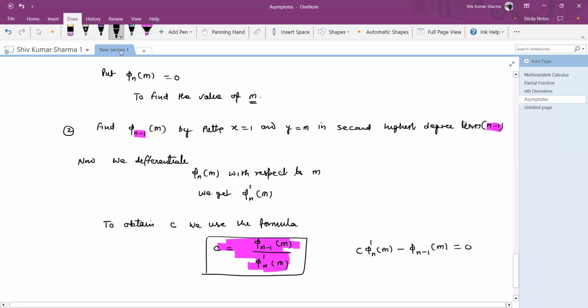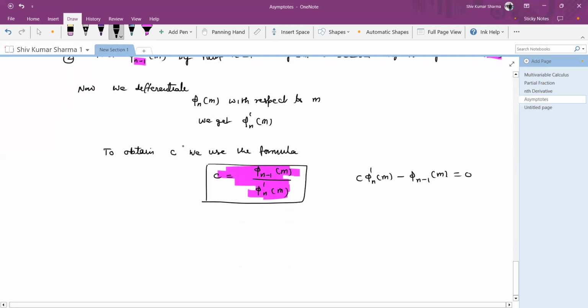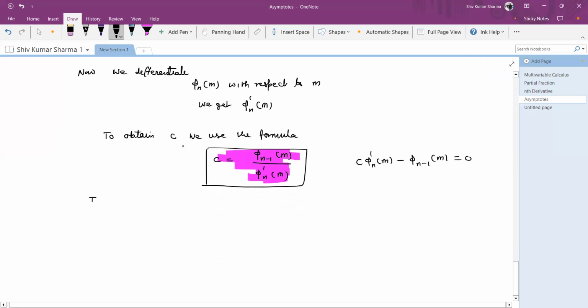Where do we apply this formula? We apply this formula when we have different values of m. So to find the value of c by using the above formula, m has distinct values.